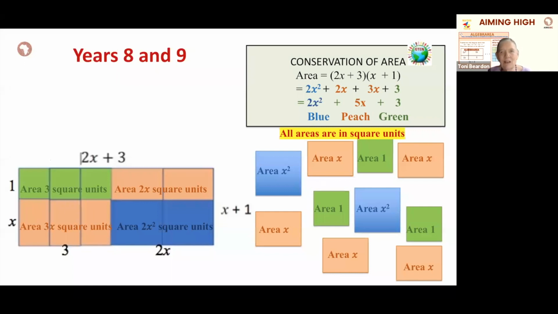In this case, it's 2x squared, which is 2x times x, and we see that as 2x times 1 in brown and 3 times x, giving 2x plus 3x equals 5x in the peach or orangey or browny color. And then 3 times 1, the units at the end in green. But this will work for any 2 binomials.